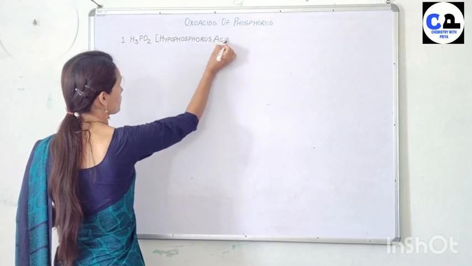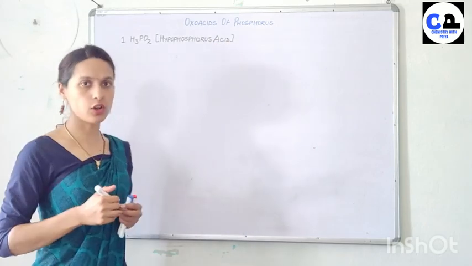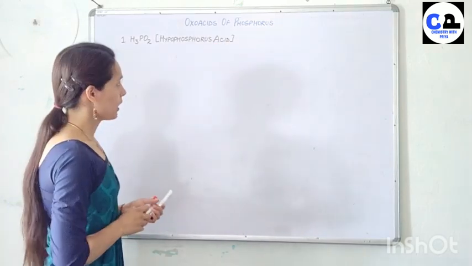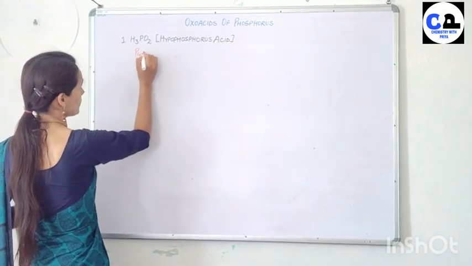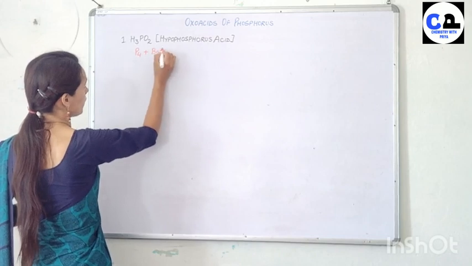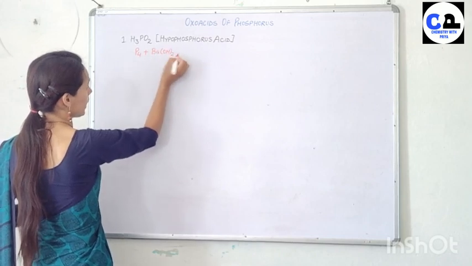Now first of all we will talk about the preparation of hypophosphorous acid. We prepare it by treating white phosphorus with aqueous solution of barium hydroxide.